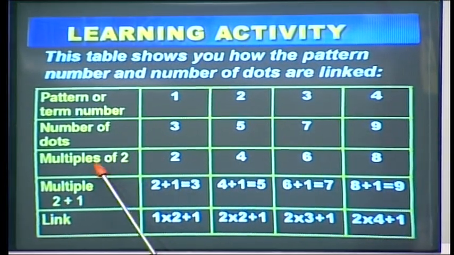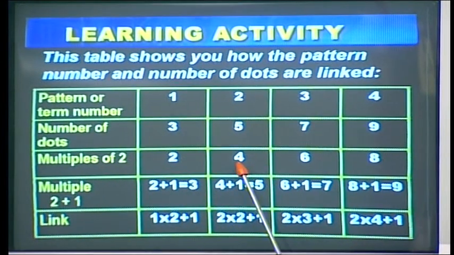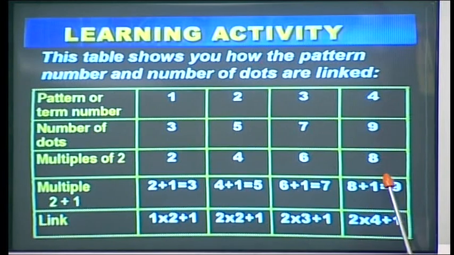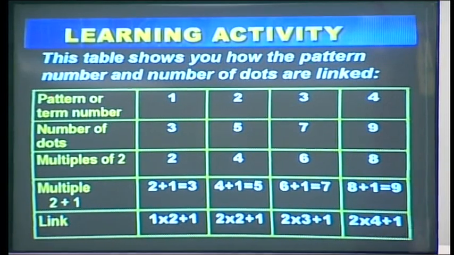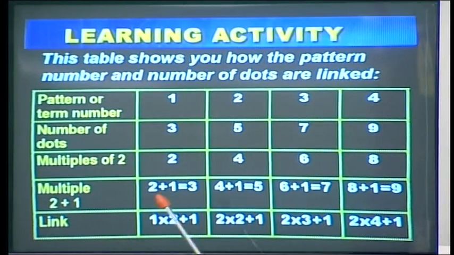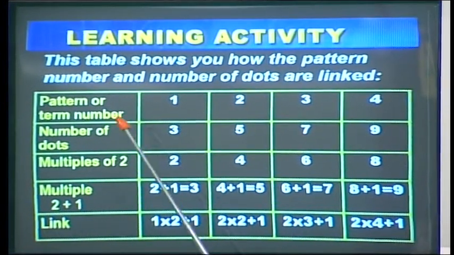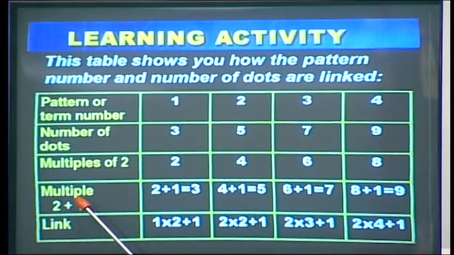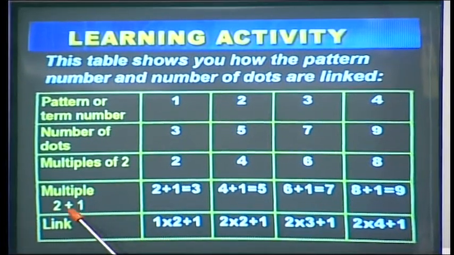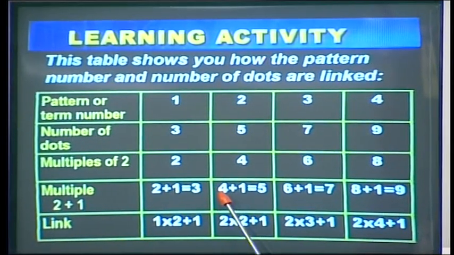Okay, multiples of 2 count from 2, 4, 6, 8. So you have multiples of 2, you have multiples of 3, which is 3, 6, 9, 12, and so forth. Here can be a rule on how to link the pattern number and the number of dots. Multiple of 2 plus 1 is equal to 3.